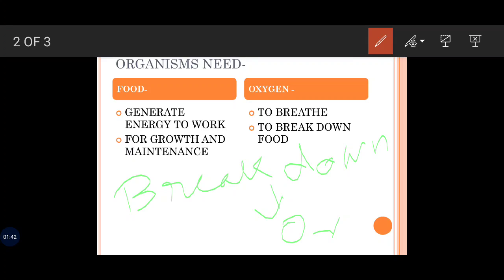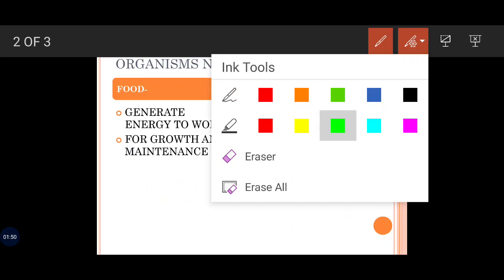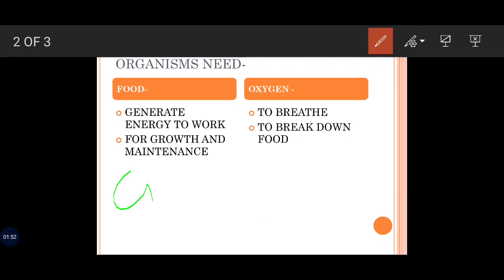Okay. So green plants photosynthesize. They make their own food. Green plants are autotrophs, that means they make their own food. Autotrophs: auto means self and troph means food.